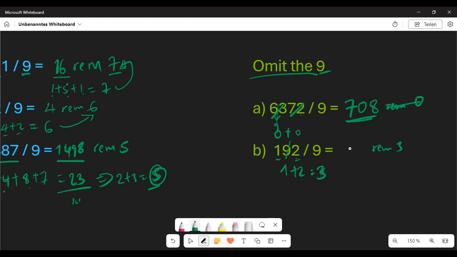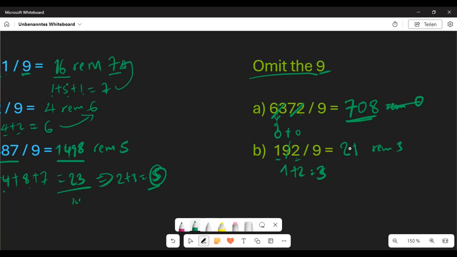We know 9 goes into 19 2 times, which brings us 18, and then we have 1 left. So 9 goes into 12 how many times? 1 time.